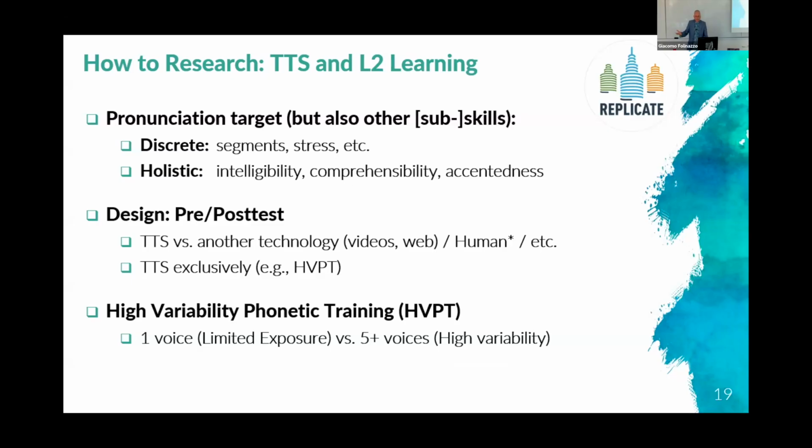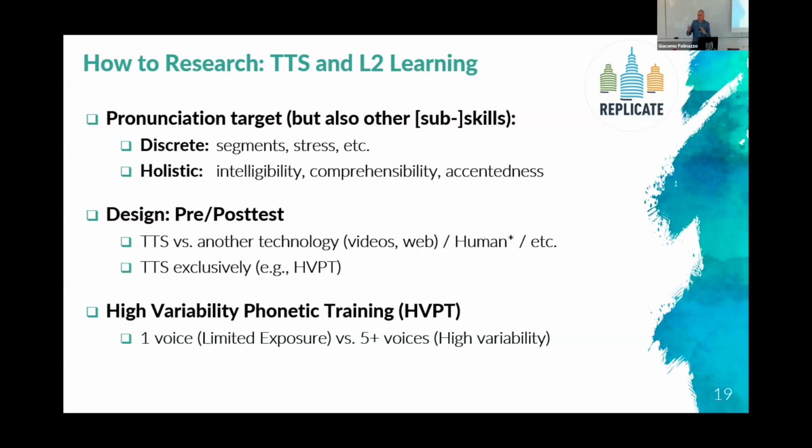So if you're interested in learning with this type of technology, there are two ways of investigating pronunciation. You can use a discrete approach in which you have one focus and then you investigate it with a pre and post-test design, or you can look at pronunciation from a more holistic perspective, in which you really look at those measures that we talked about earlier: naturalness, intelligibility, and so on.